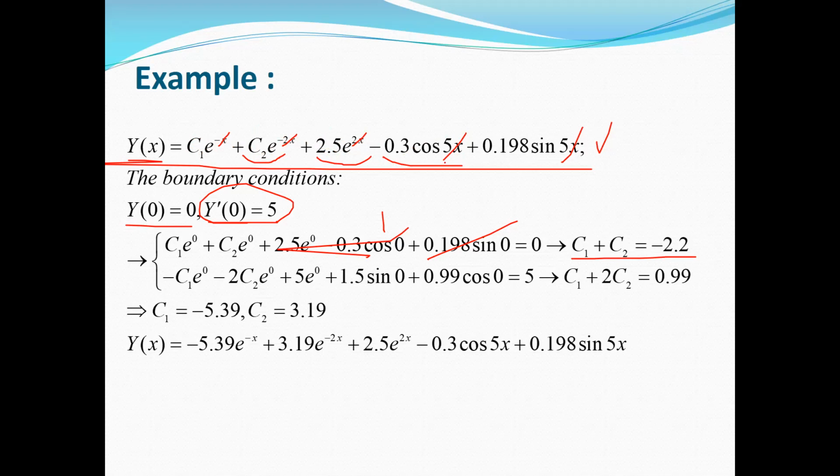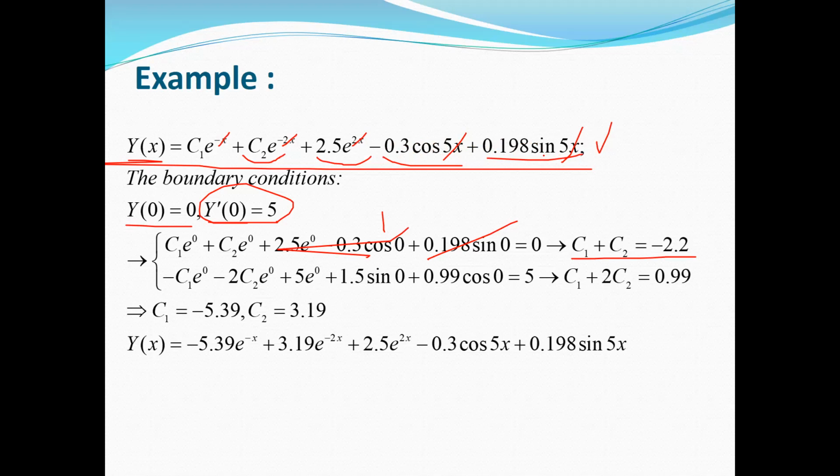So here, the derivative of this term with respect to x is equal to minus 0.3 times minus 5 times sine 5x. And the derivative of this term is equal to 0.198 times 5 times cosine 5x.